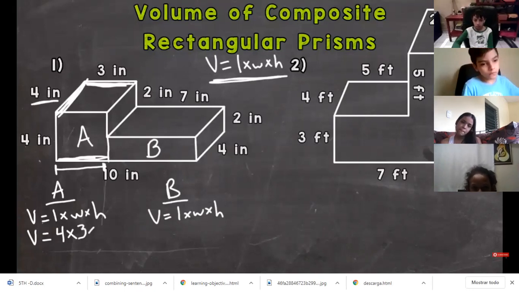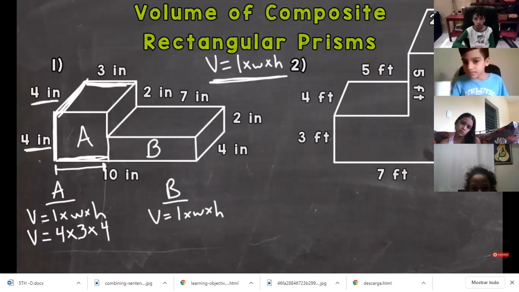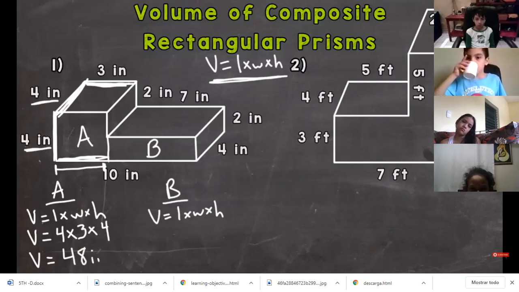Next is the height, and we could look at this 4 inches for that. So we need to do 4 times 3 times 4 to calculate the volume of part A. 4 times 3 is 12, times 4 is 48, and these are cubic inches.